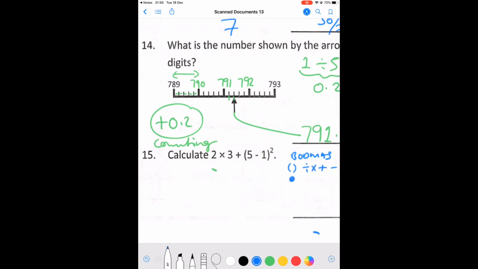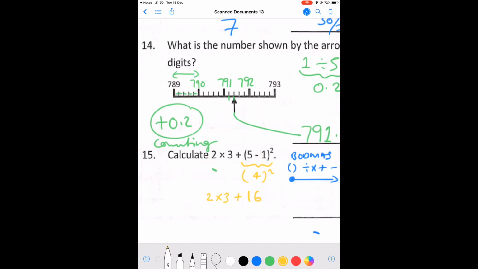We start with this one, most priority to least priority. So in this particular question here, we have to do the brackets first. Now 5 minus 1 is 4, so we got 4 squared. 4 squared means 4 times by 4, which gives us 16. So we're left with now, if you copy the rest down, 2 times by 3, add 16.